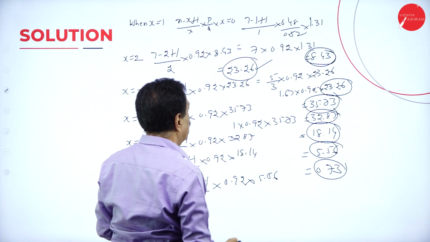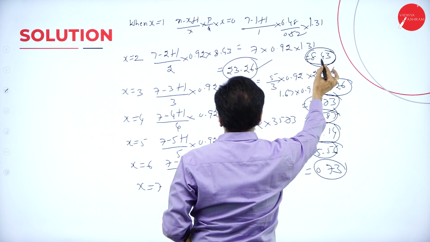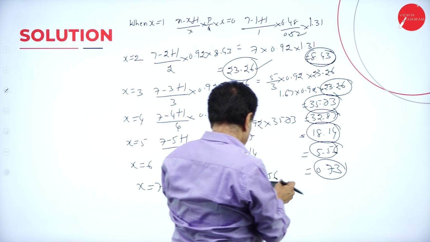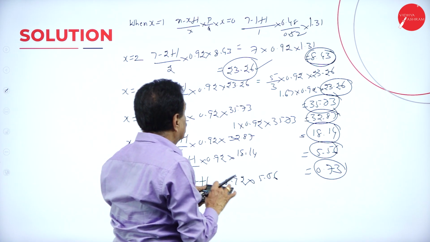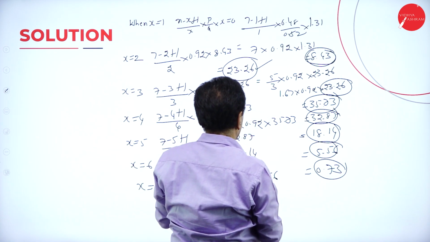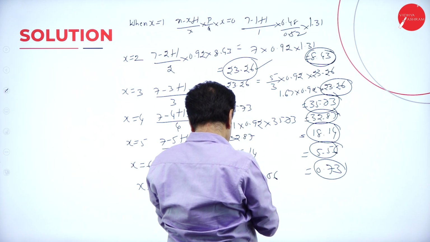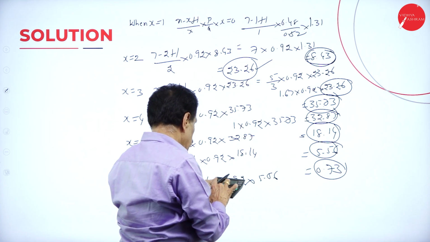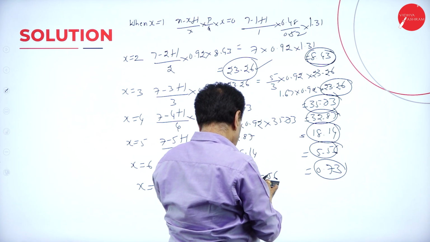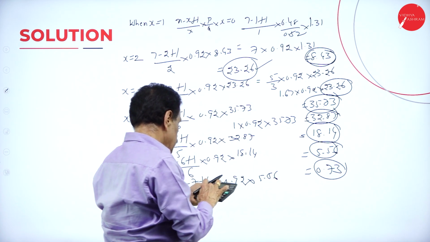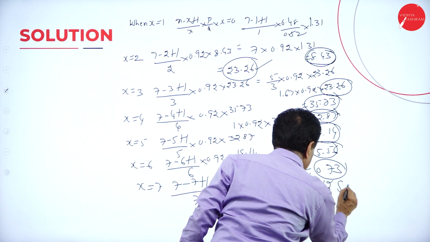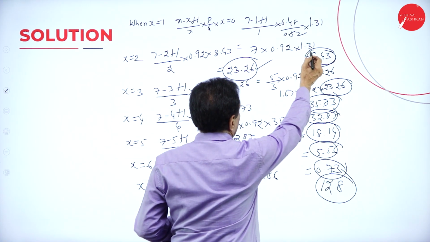So there are 8 items in total, for x equal to 0, 1, 2, 3, 4, 5, 6, 7, which is 8 items: 1.31, 8.43, 23.26, 35.73, 32.87, 18.14, 5.56, 0.73. The total comes to about 127, almost near 128.